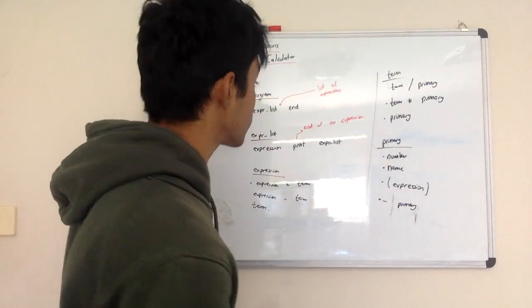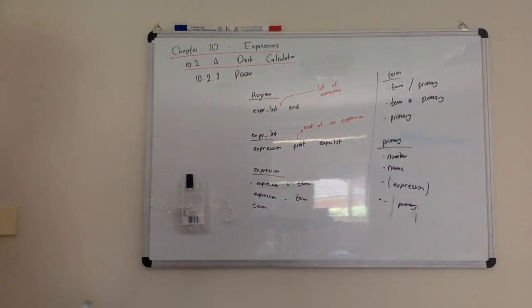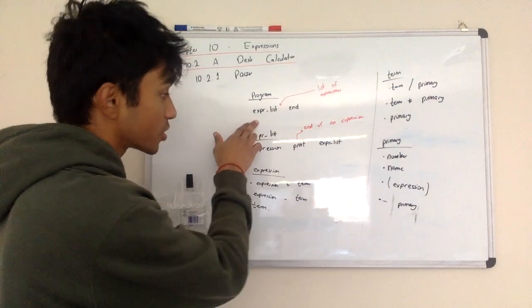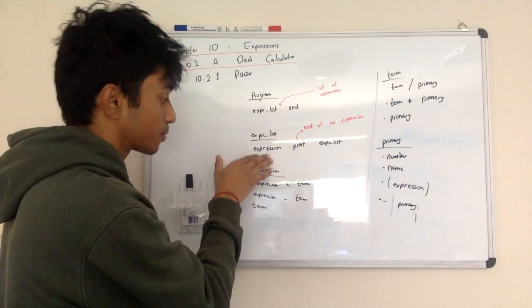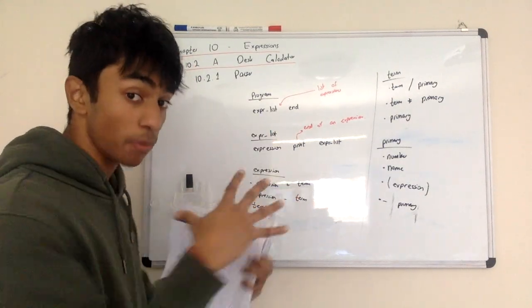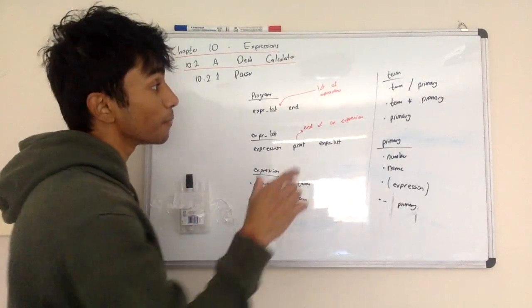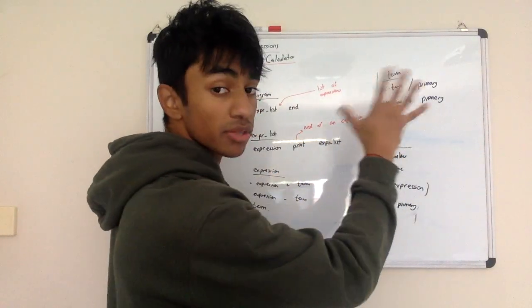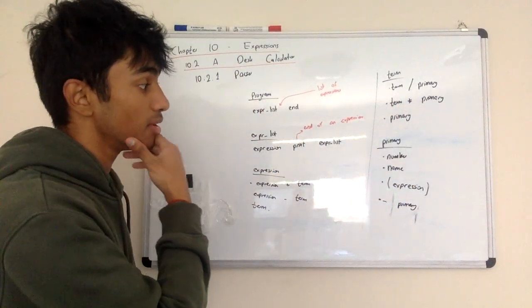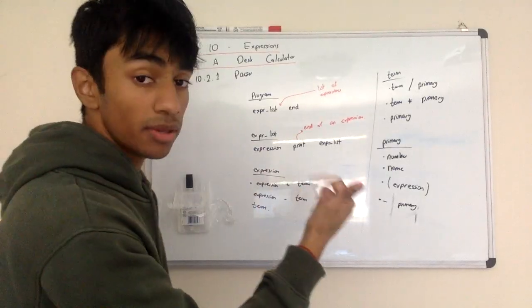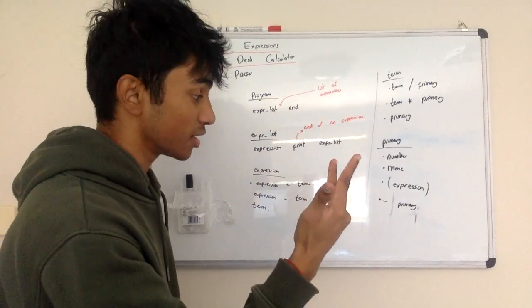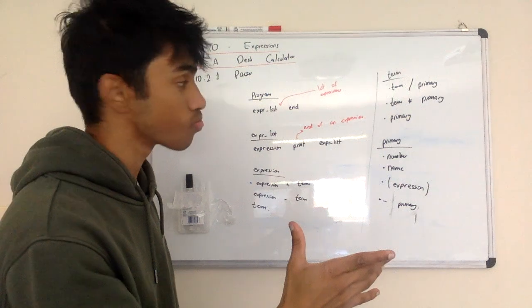So this is the overall layout of what our program will look like. A bunch of expressions, where each expression is a bunch of terms added to each other, where each term is a bunch of primaries multiplied and divided with each other, and each primary is either a number, a name, an expression in brackets, or a negative primary. Okay?